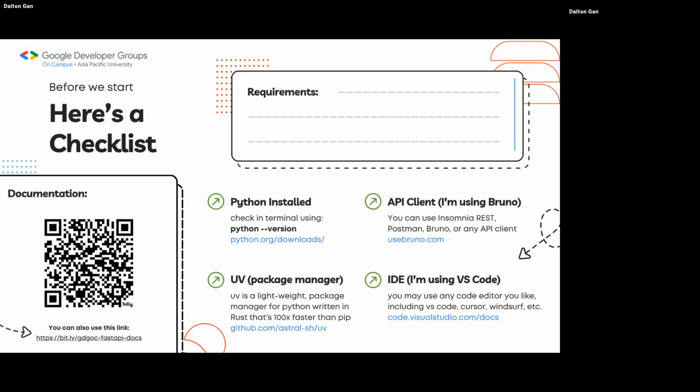Is everyone done scanning this? I might not show this QR code again, so try to take down the link. It's bit.ly slash gdgoc fast API docs. You will need the documentation for later because I'll be copy pasting code from it, and you might not be able to follow if you don't scan it.